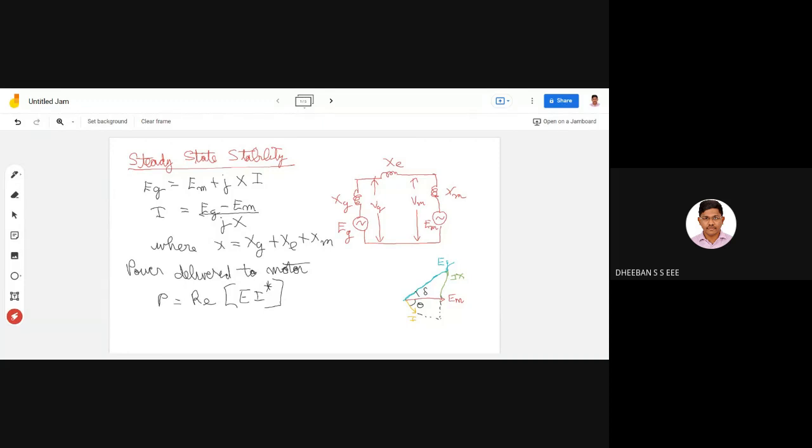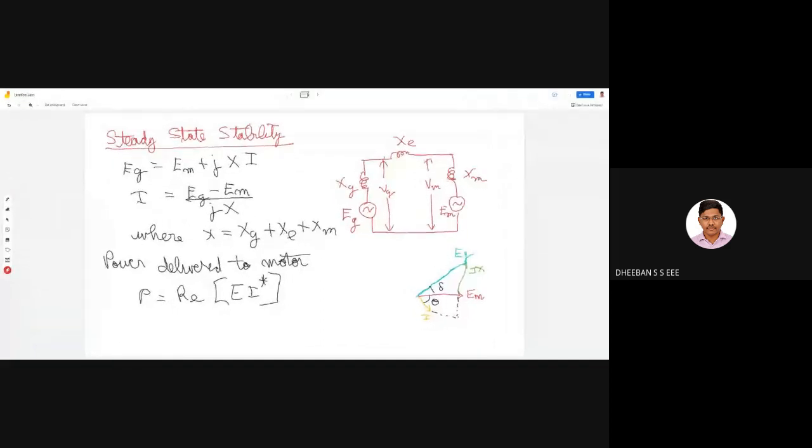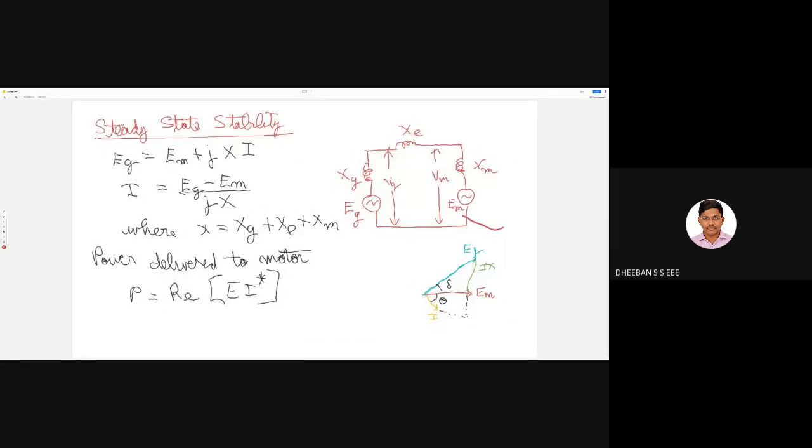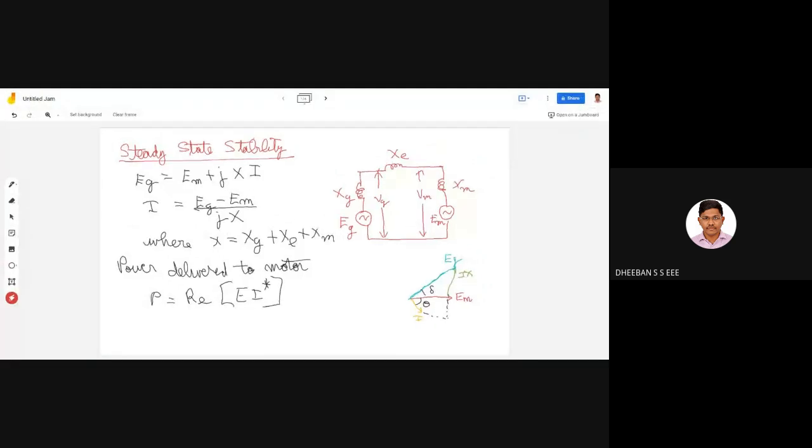So this is the phasor diagram for the synchronous generator. Okay, hope this is good.